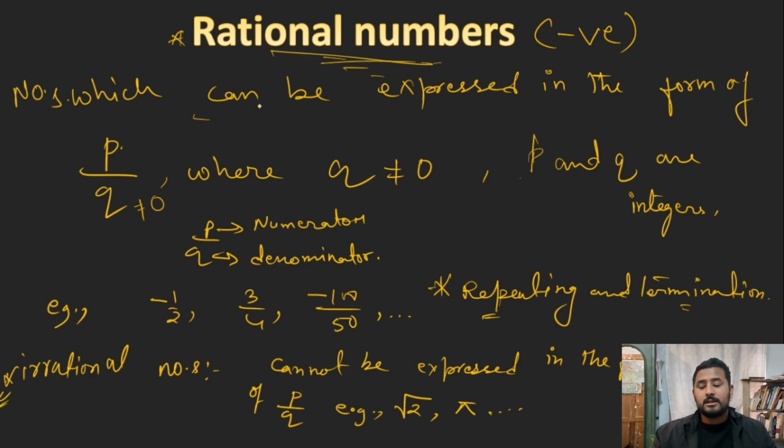These irrational numbers are also known as non-repeating and non-terminating, which has no end.